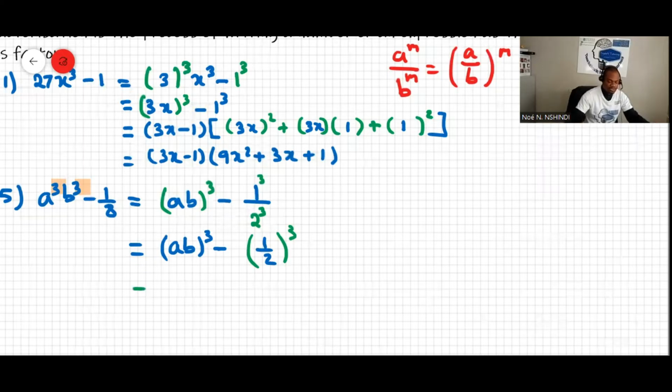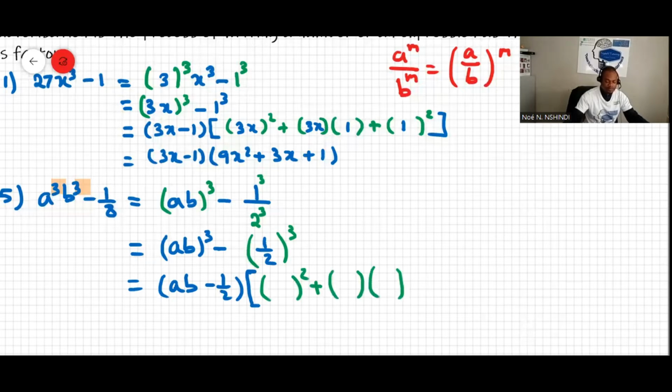This will be then ab minus a half, in the bracket, and then open square bracket, and then we have a squared plus a times b plus b squared.